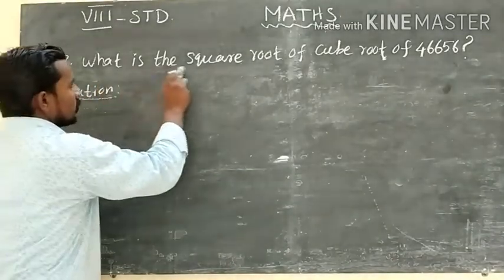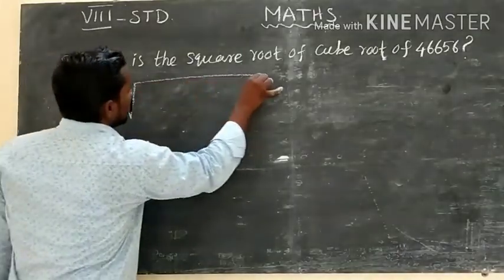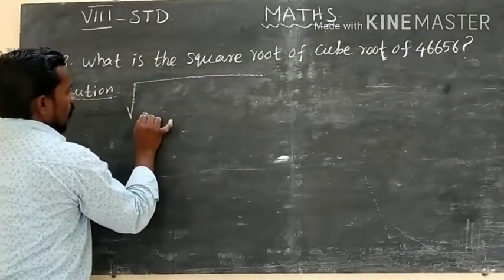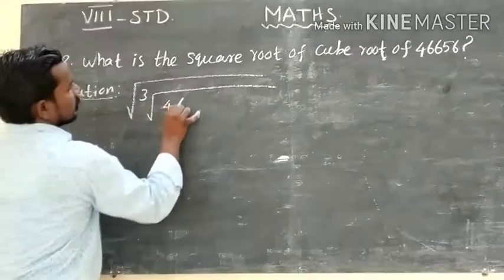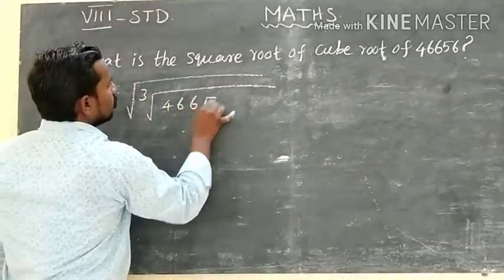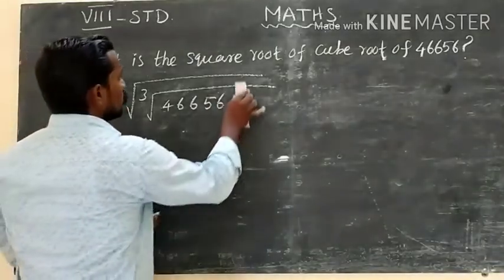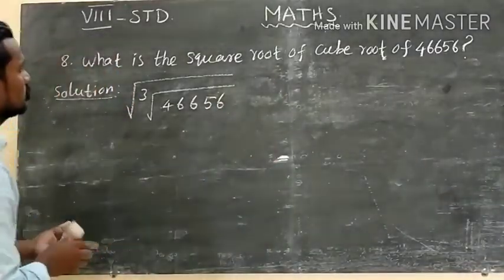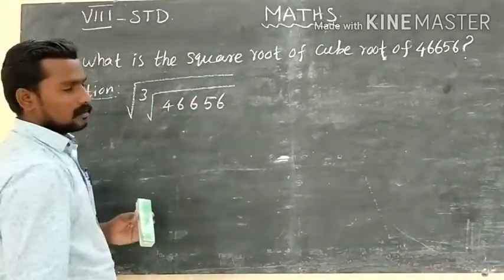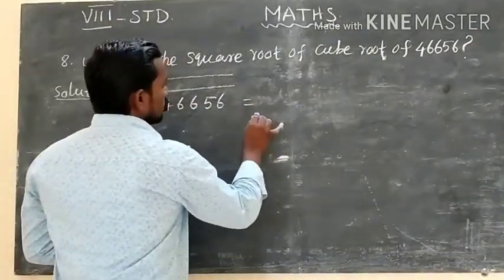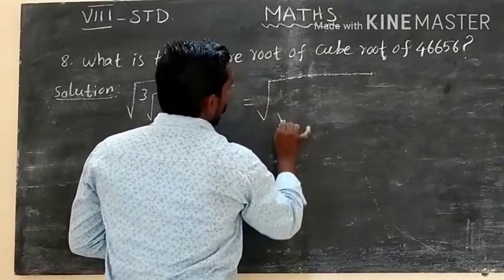The question is, what is the square root of, this is for square root, and the cube root of 46,656. Have you understood the question? This is your question: square root of the cube root of this value.